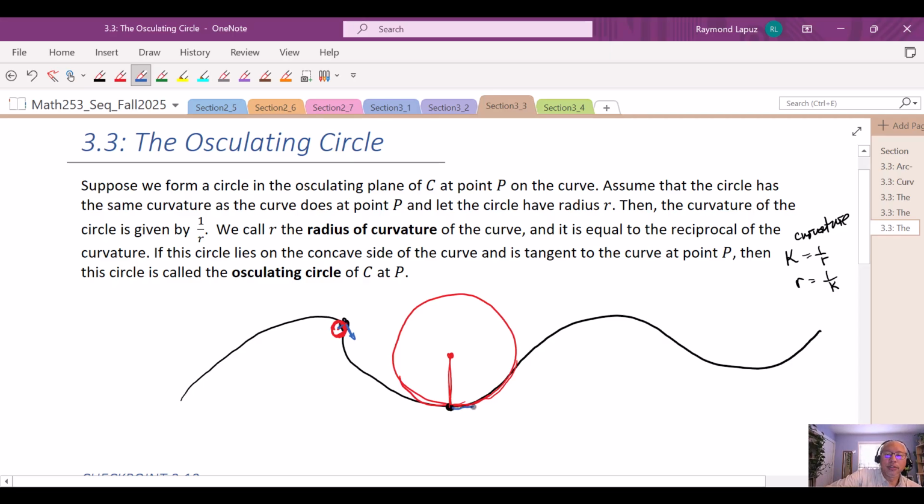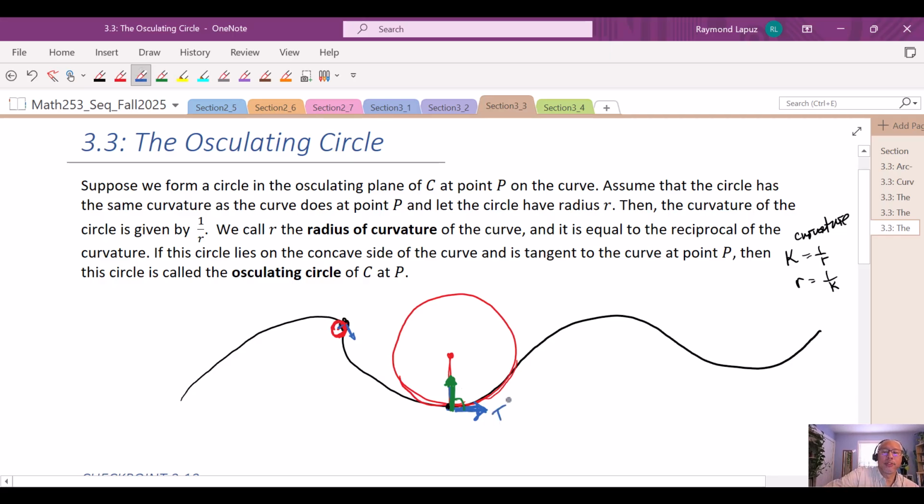The tangent vector for this large circle will be going in a particular direction. Your normal vector will be perpendicular to the tangent vector. With that, you can see that the center of your circle is going to be in the same direction as the normal vector.